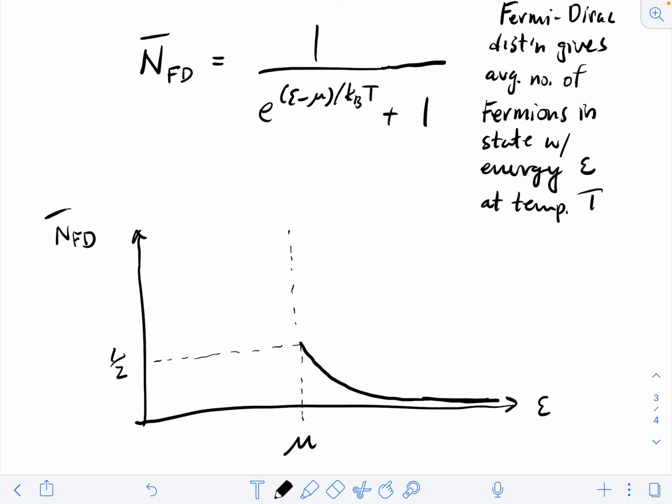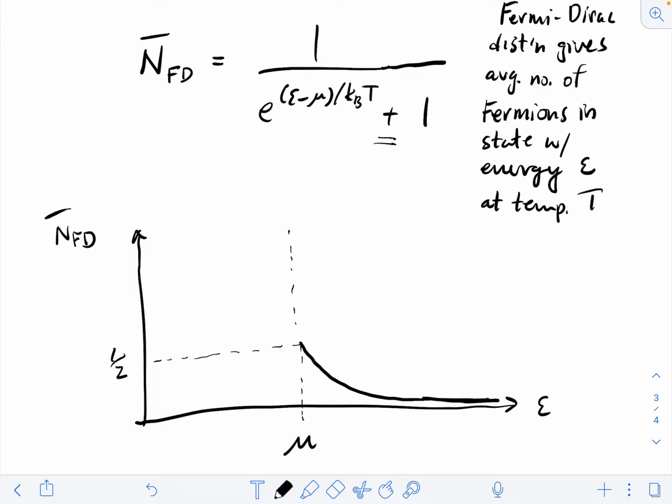Okay, and so now you can see why the sign makes such a big difference, because when epsilon minus mu is 0, the exponential becomes 1, and whether you're adding 1 so that you get a 2, or subtracting 1 so that you get a 0, has a huge effect on this occupation number.